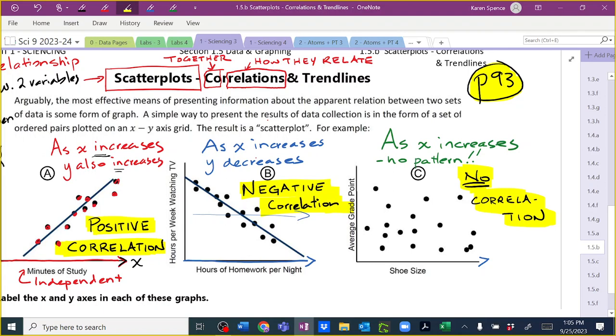Sorry, scatterplot. And there's a couple here that weren't new, but they are vocab words that we've looked at before. Independent variable and dependent variable. Tell your partner what is the difference between an independent variable and a dependent variable.